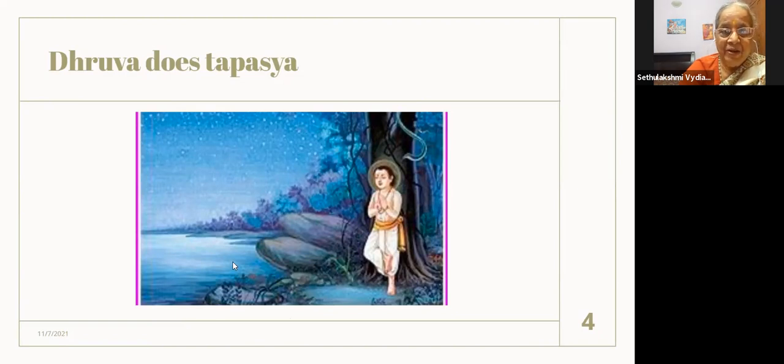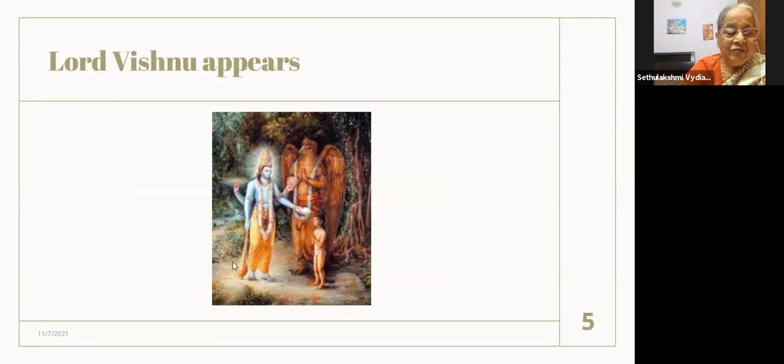When Mahavishnu appeared before Dhruva, it was so bright, Surya Koti Samaprabha, you are doing that shloka, no? Mahavishnu was so bright that he could not even open his eyes in front of him. He was stunned to see Mahavishnu. He could not speak anything. He wanted to ask so many things, but he didn't speak a single thing.